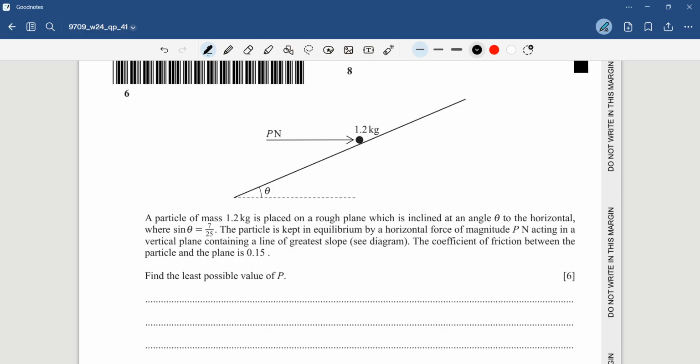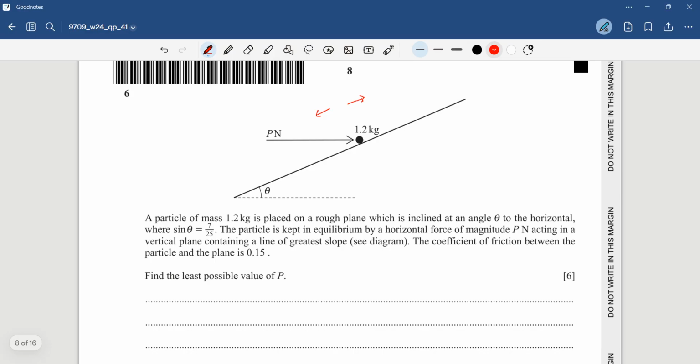Okay, they said the force is horizontal, and the question here says find the least possible value of P. So here there are two different situations, to be honest. When you apply P, the object can go up the plane or the object can go down the plane. Let's say you don't give enough force, then there is a possibility for the object to go down.